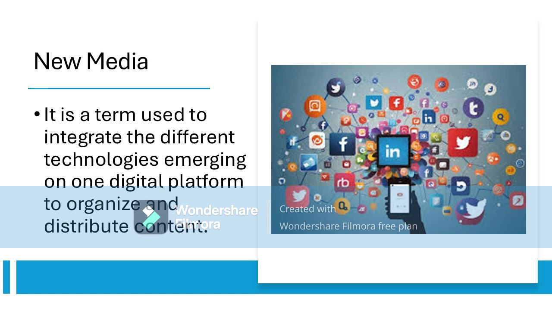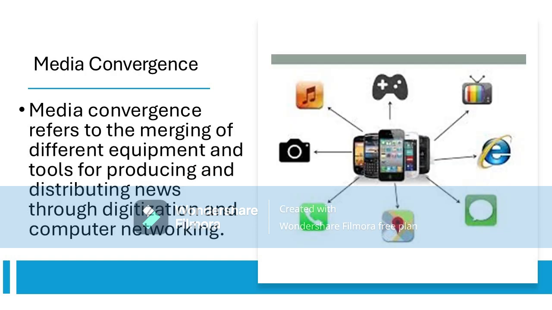for endorsed categories. Moving forward to media convergence. This refers to the merging of different equipment and tools for producing and distributing news through digitization and computer networking. It allows media text to be produced and distributed on multimedia devices.